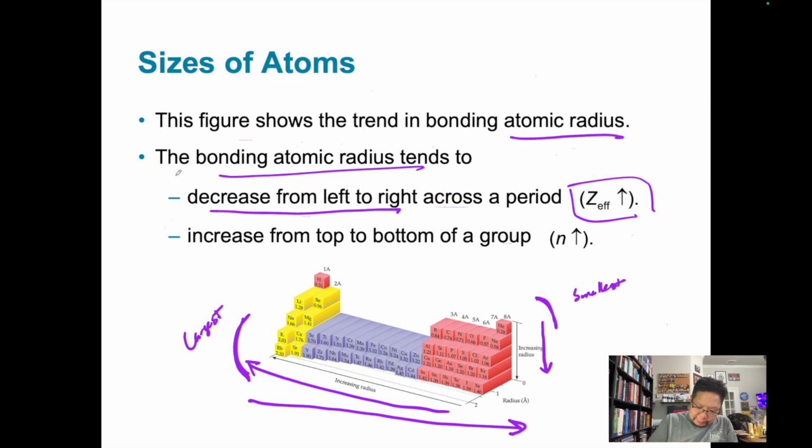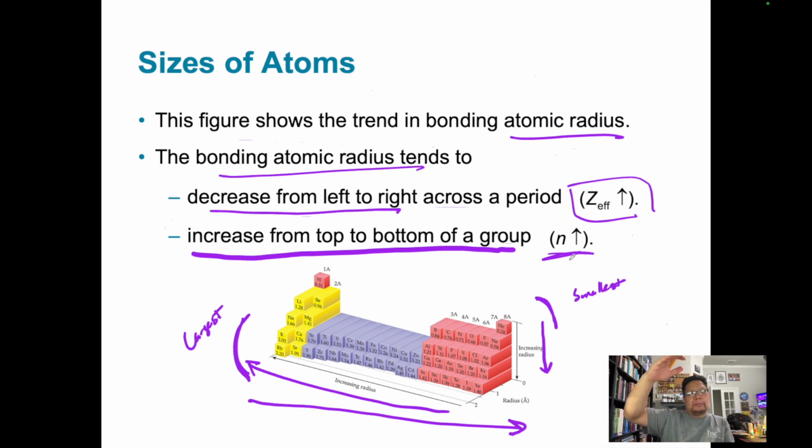But then the bonding atomic radius tends to increase from top to bottom, just like the atomic radii itself, because the number of electrons increases as you go down the periodic table, from one period to the next. Go down a group, the number of electrons increases.